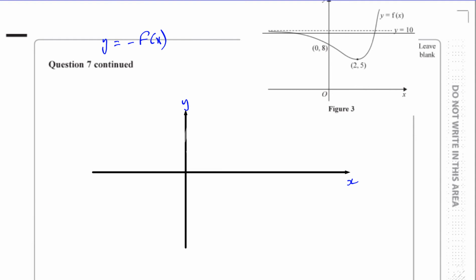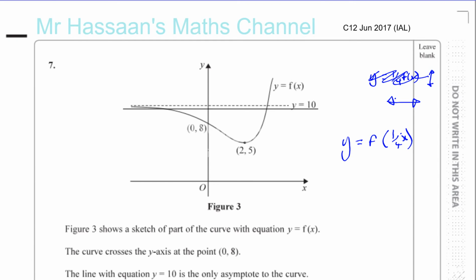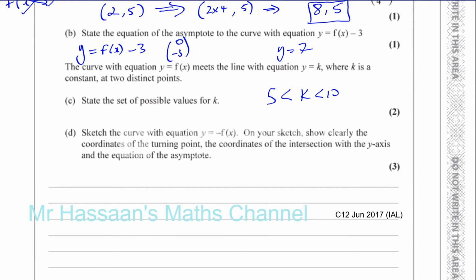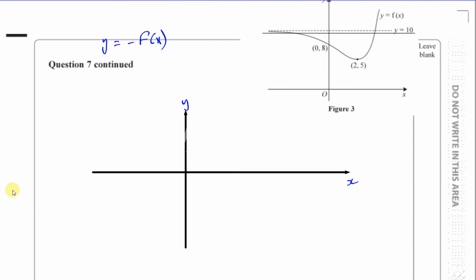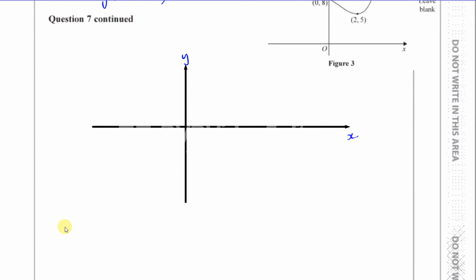Let me just confirm that. Again, this is something which is taking place outside the function. So that means all the y values change and the x values remain the same. For example, the point (0, 8): if you have y equals minus f of x, the x value remains unchanged, but the y value just changes its sign.